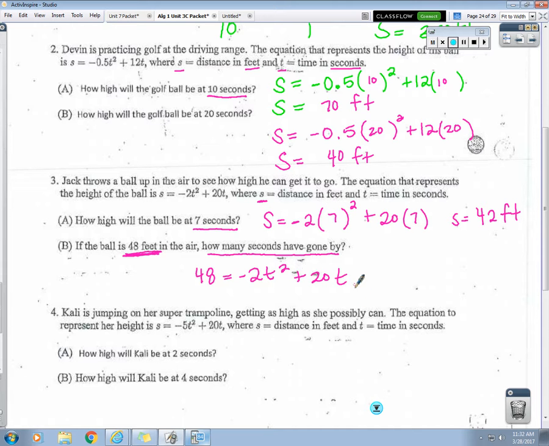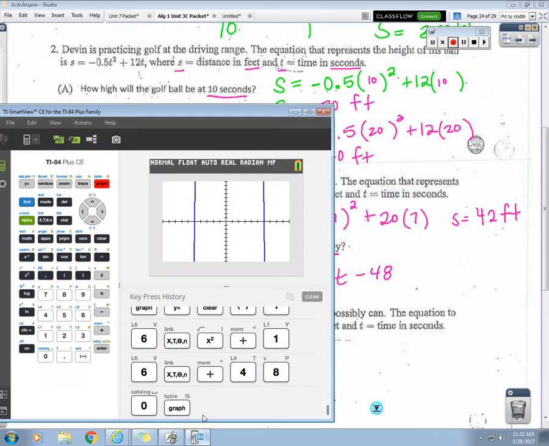Couldn't you just simply move the 48 to this side by subtracting it over? And then what does this side now equal? 0. Now couldn't you graph that? Okay, graph it on your calculator. Negative 2t squared.